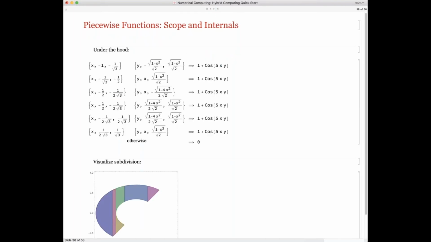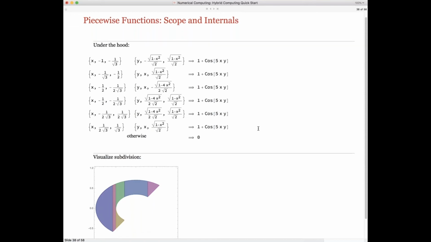Using a cylindrical decomposition and other symbolic methods, Mathematica is able to break up the predicate into these 6 distinct regions on which the integrand is non-zero. In each region, x is restricted to a specific numerical range and y is restricted to a range that depends on x.